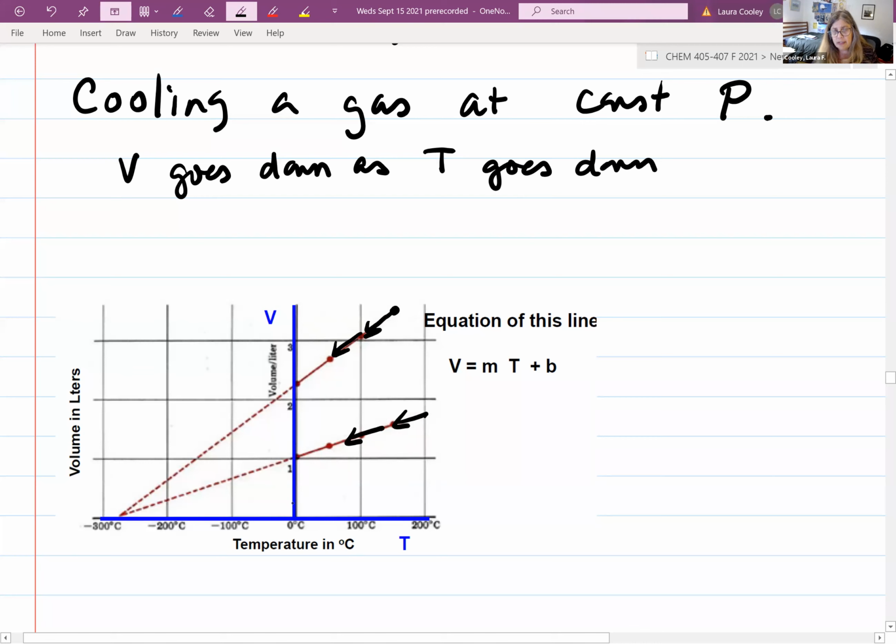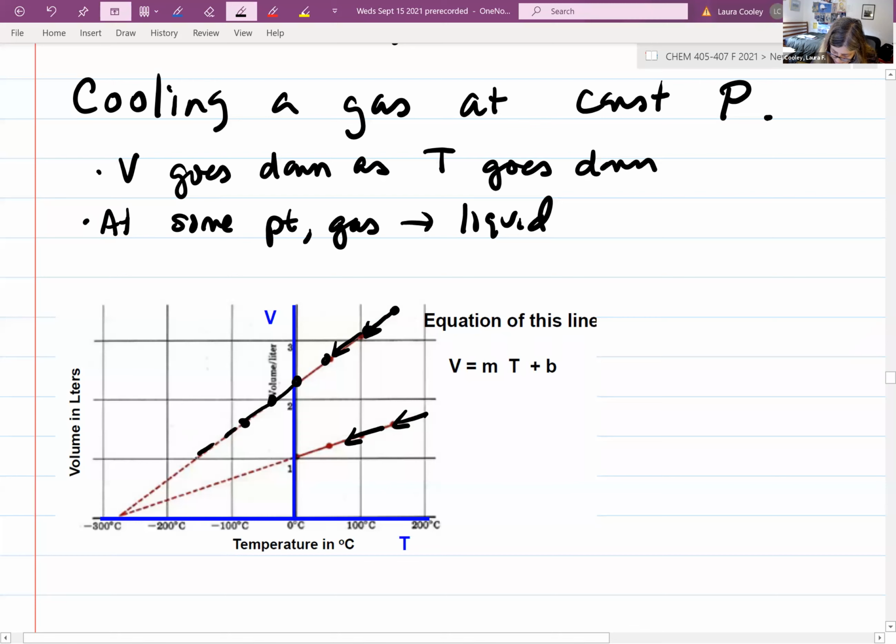At some point, that gas, as you lower the temperature, is going to liquefy. So at some point the gas turns to liquid. So you get a whole bunch of points, and then at some point it liquefies, and then you just extrapolate.